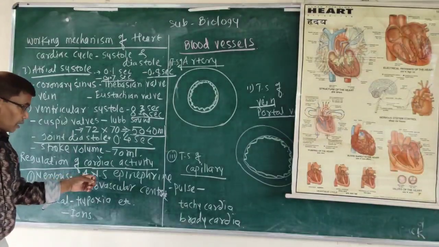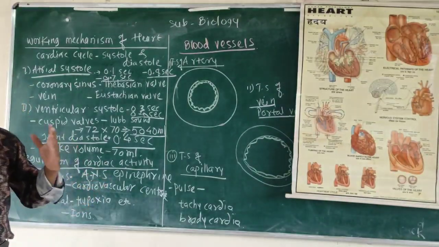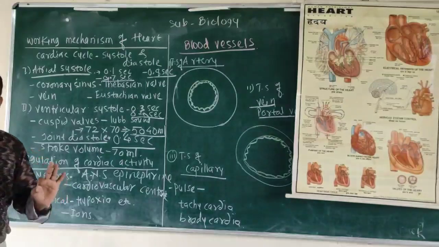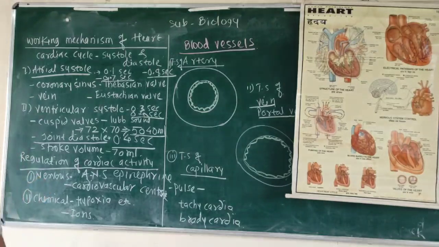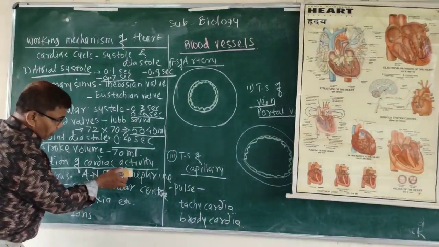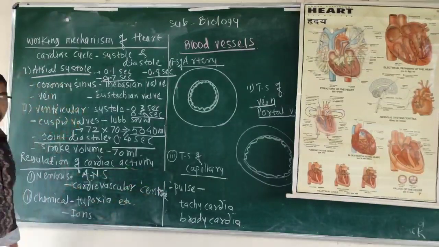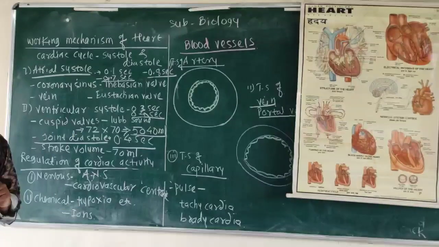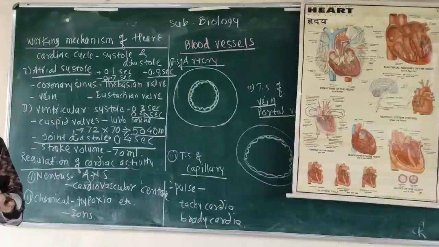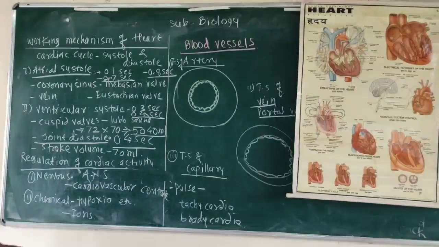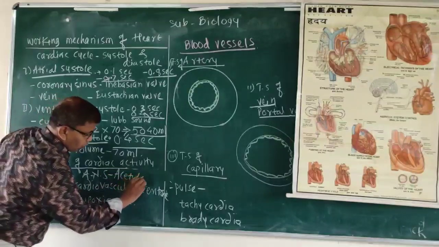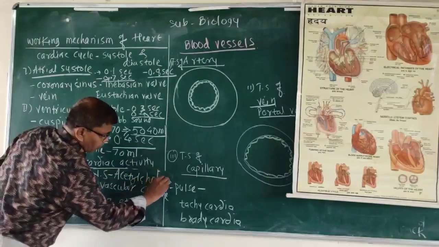The autonomic nervous system also has a second part, called the parasympathetic nervous system. The parasympathetic nervous system also regulates cardiac activity, but it reduces the heartbeat, and it works by secreting the neurotransmitter acetylcholine.